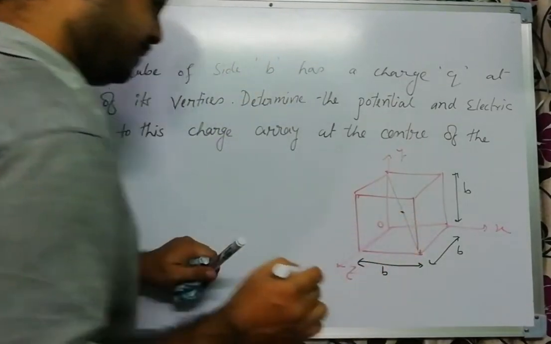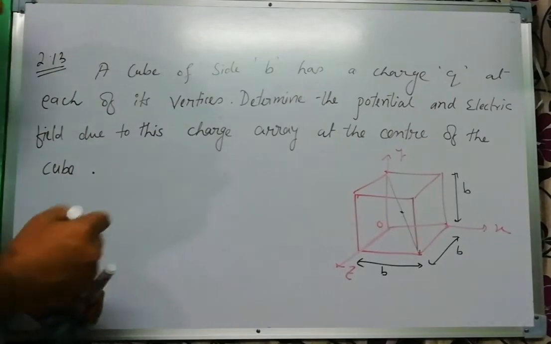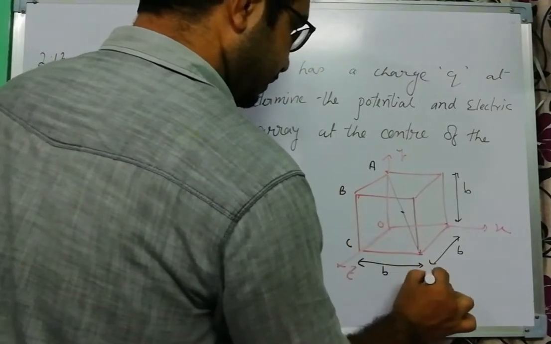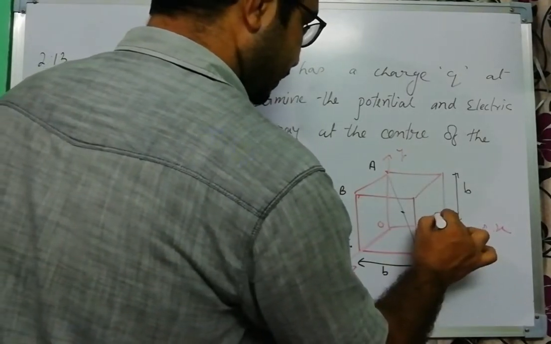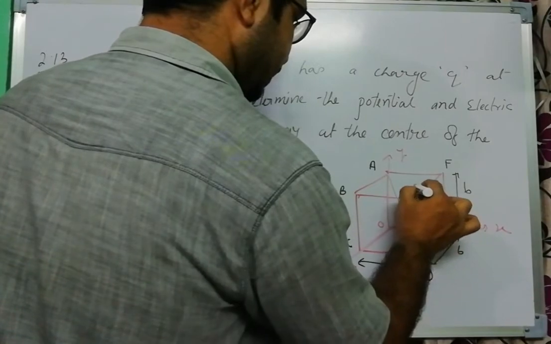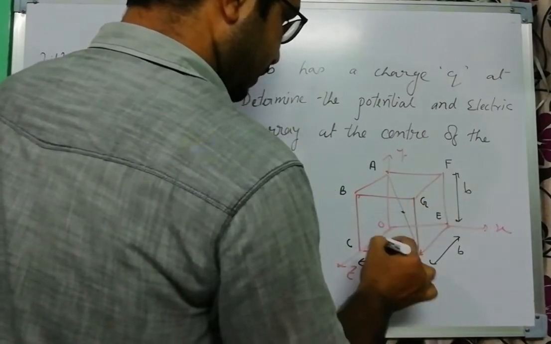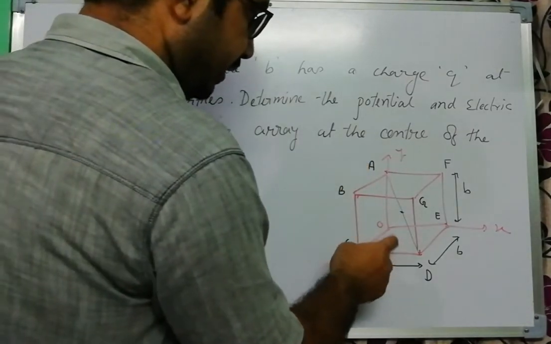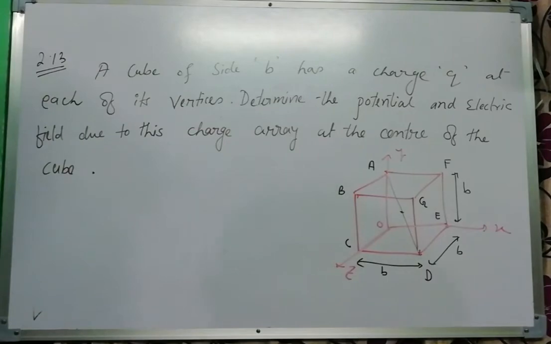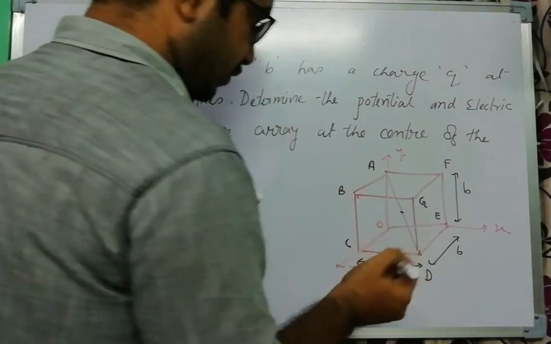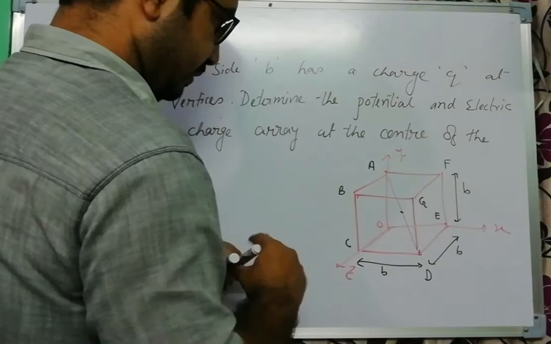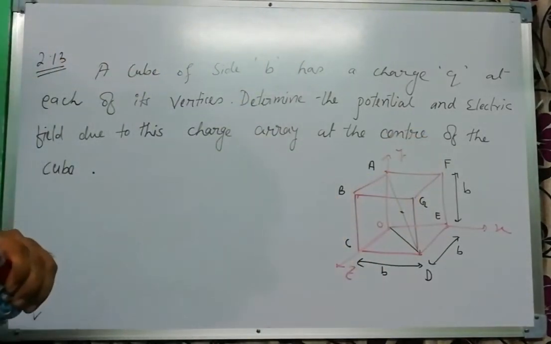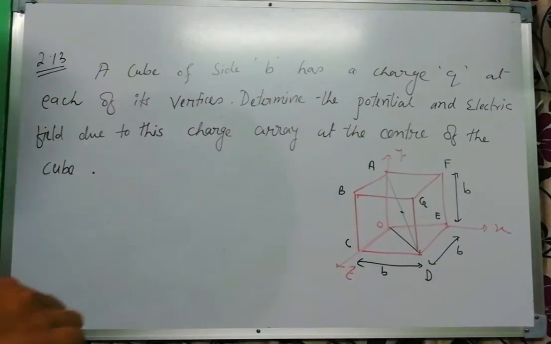I just name the vertices A, this is B, this is C, this is D, this is E, this is F, this is G, and this is O. I just join the vertex A and D through the center, and if I join O and D again, then I can find out the triangle A, O and D.